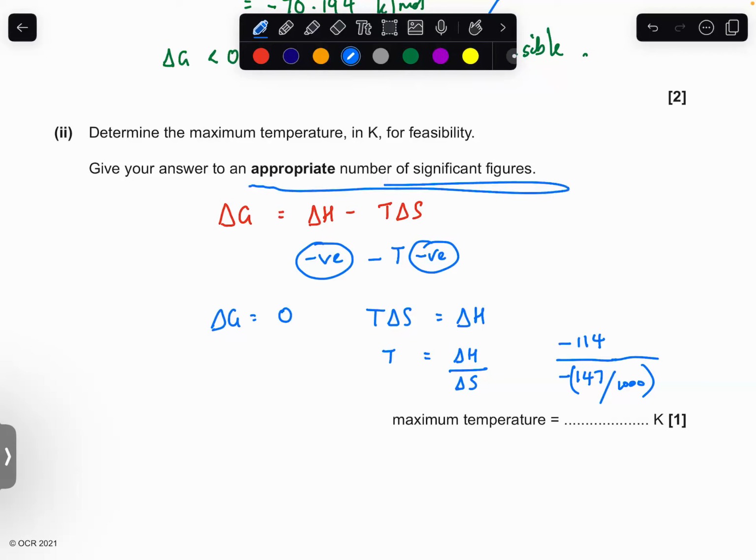Appropriate number of significant figures, give 3. So that will be 776 Kelvin.